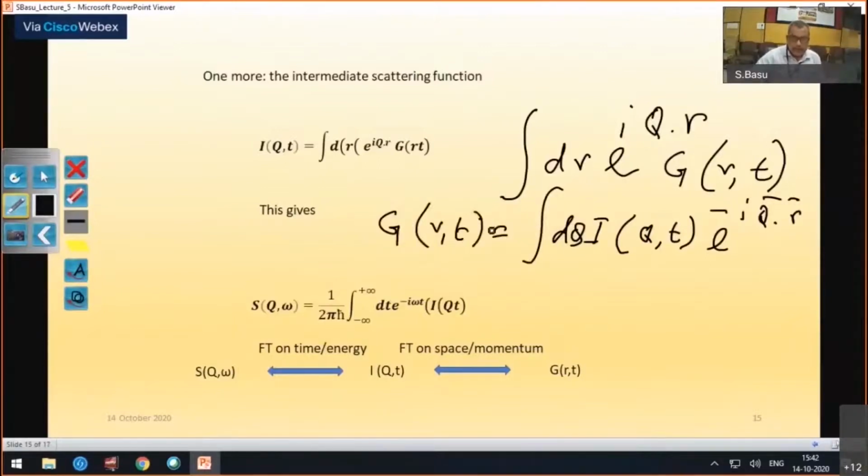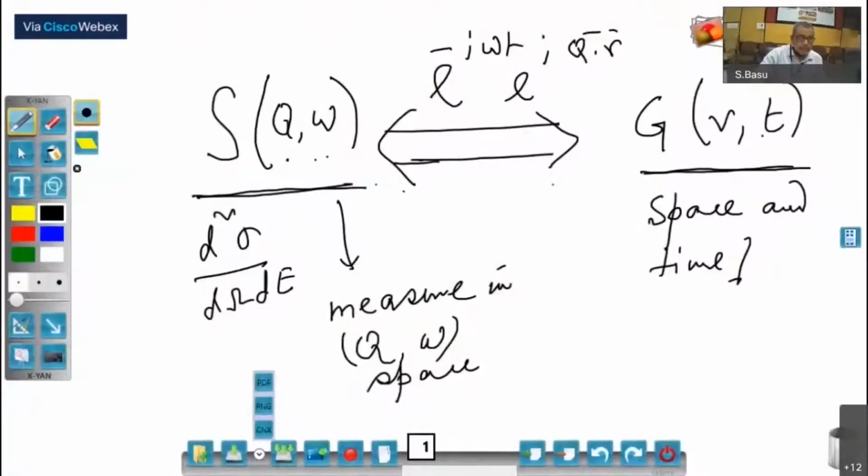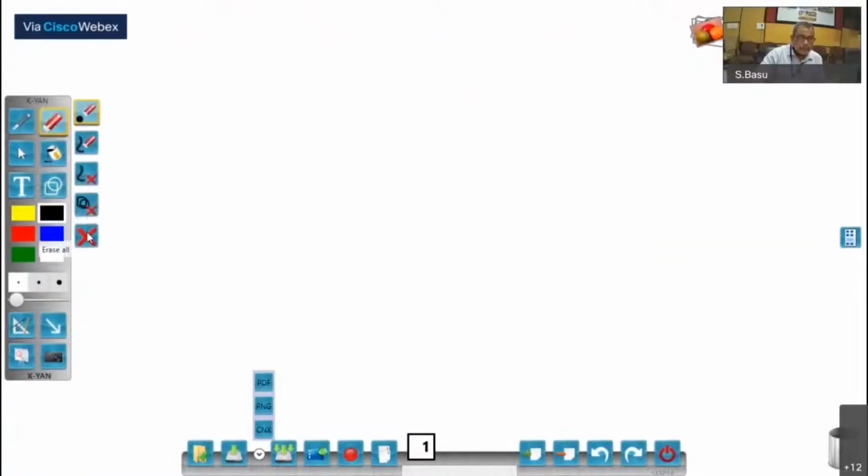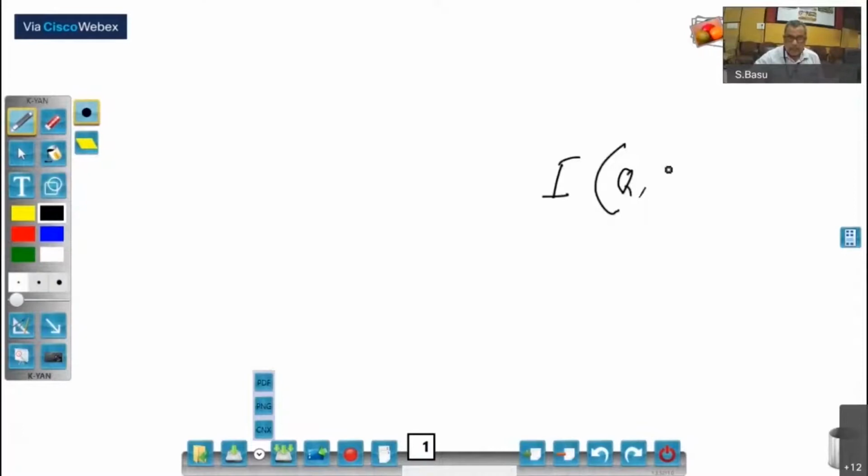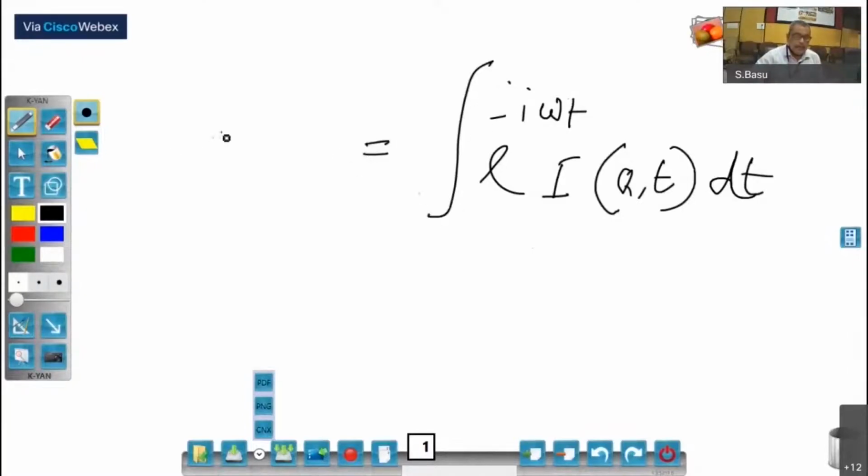They're the Fourier inverse of each other. And then one more Fourier transform of I of q t will take me to S of q omega.